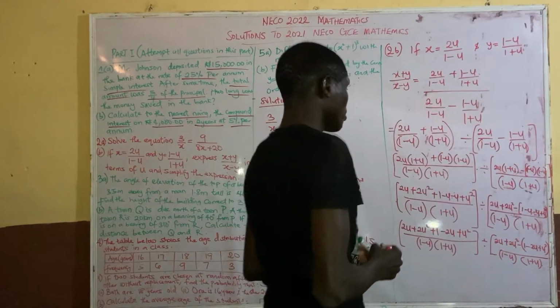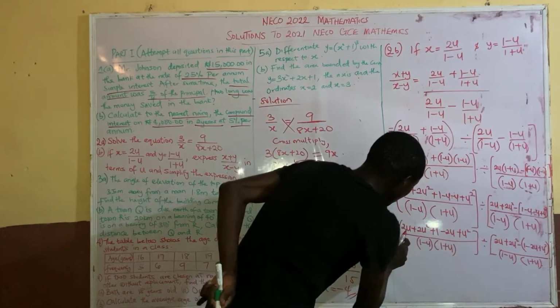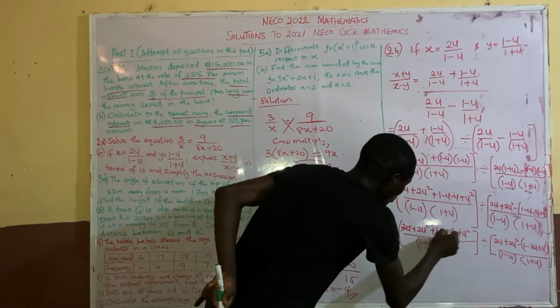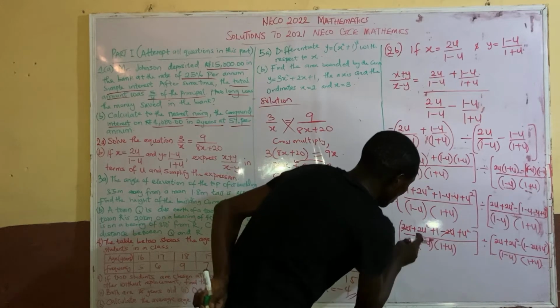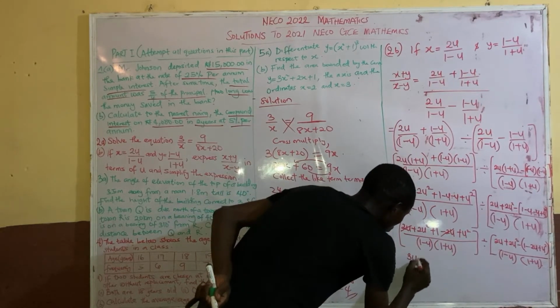So now you can further multiply it. You see at this, 2u minus 2u will cancel each other. 2u squared plus u squared, we have 3u squared.